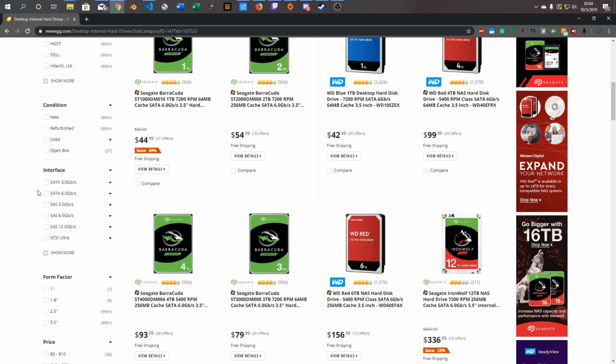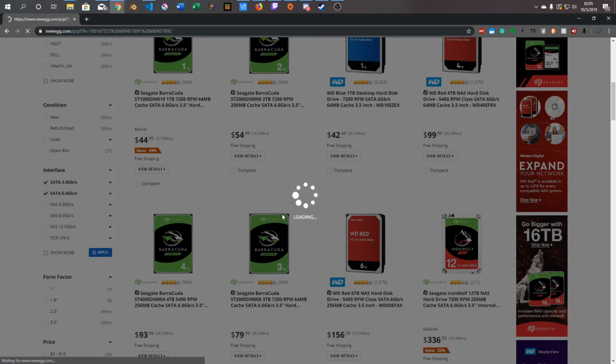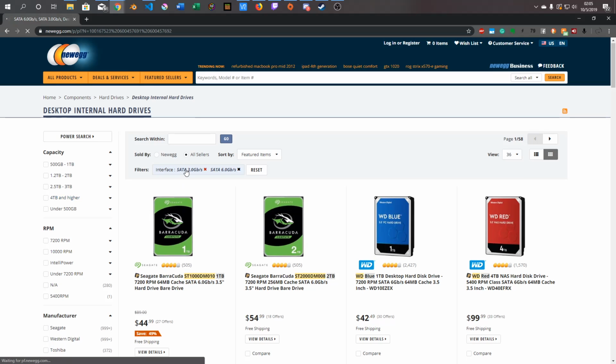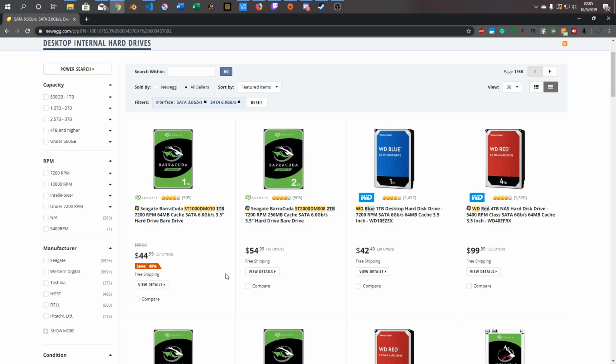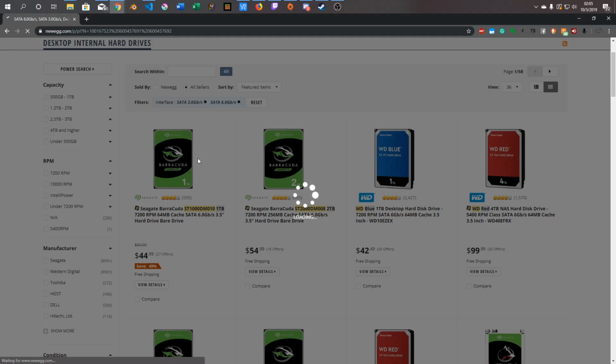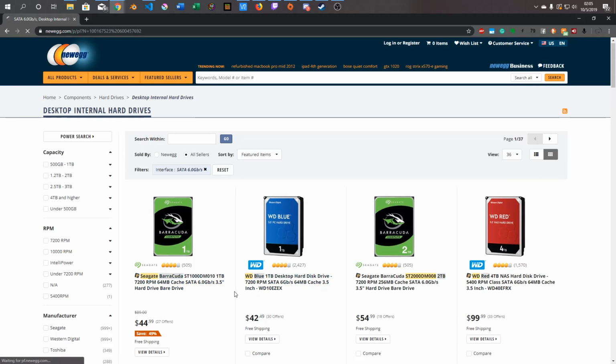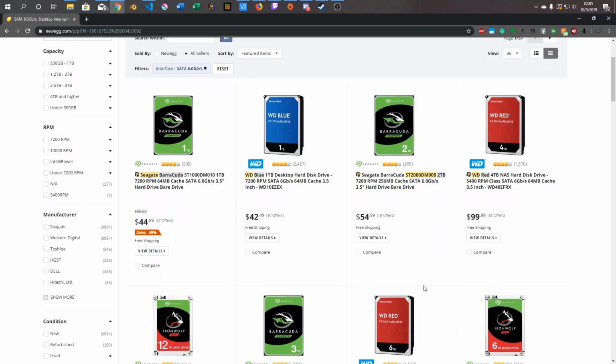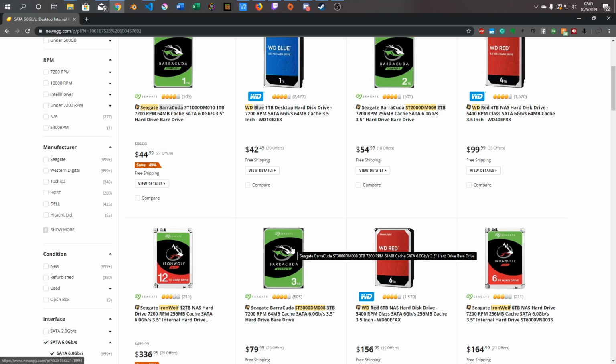And then this is pretty much what you want to filter with, which version the motherboard supports. Okay, so since it said it was only SATA 6, we can go with this, and you'll get your SATA 6 hard drives.